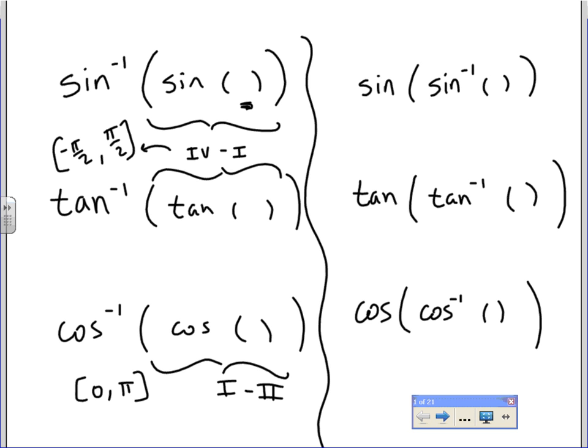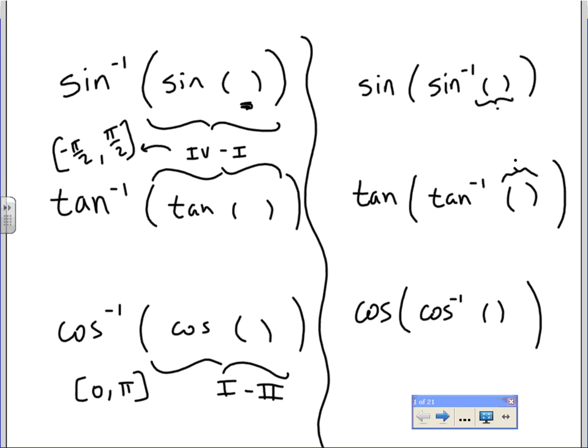Now, let's look at the second column and how this is different when I flip the inverse. In this case, what I need to check is the value inside the inverse sine, cosine, or tangent.